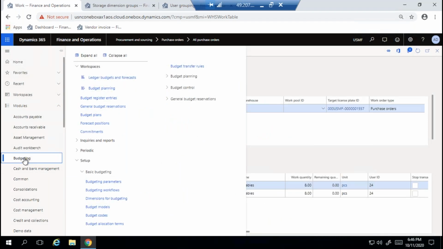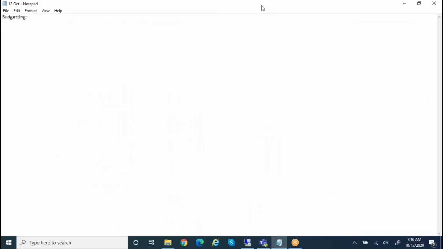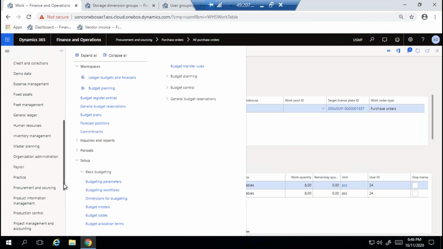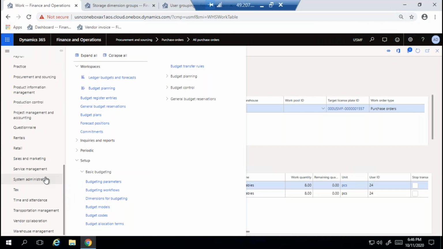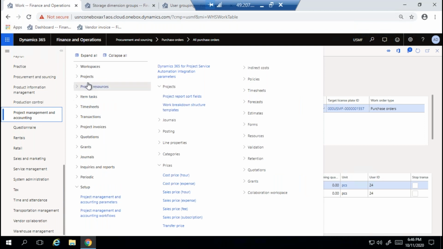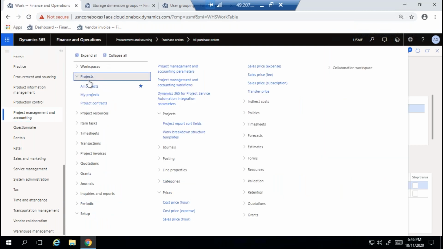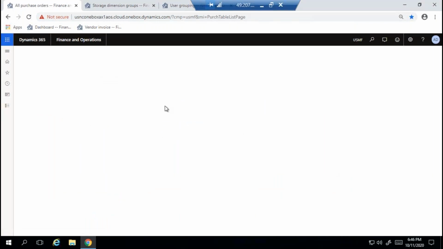This is one module. Another one is also available, in project management and accounting. In project management and accounting, it is a different function. If you go to projects, I'm showing you, that is different, and this is different.